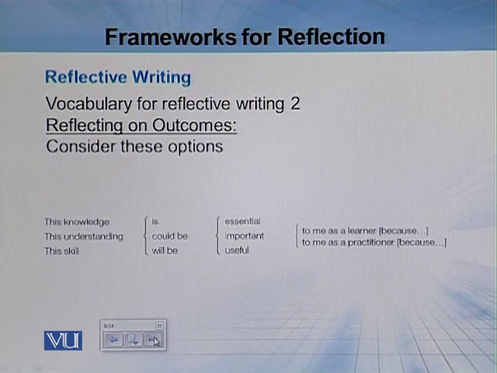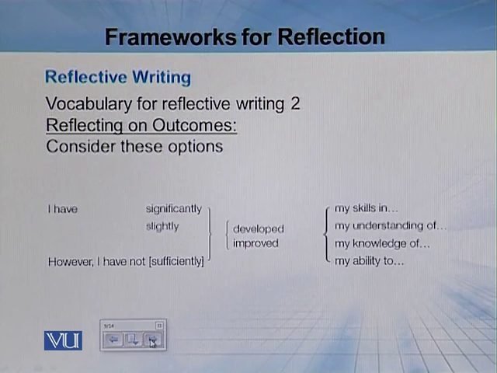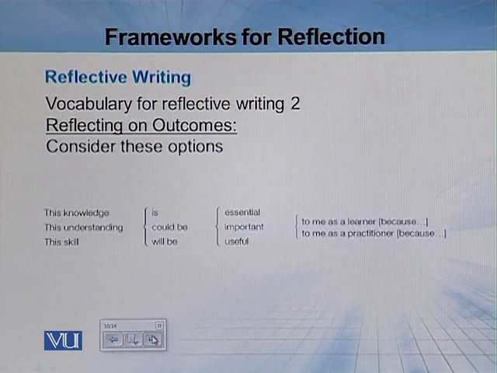Is the knowledge that you've gained from this very important, very useful, or not so important, not so useful? And when you're focusing on skills and understanding, knowledge and ability, you're thinking very reflectively about your process very holistically as a reflective practitioner, not just in parts.